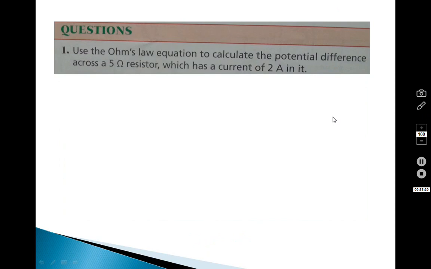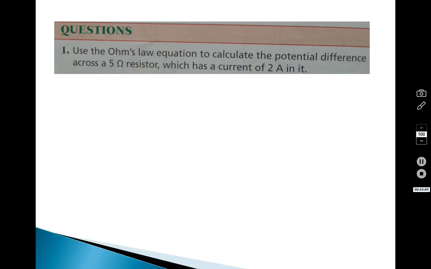Now we will move to another question on the same base, in your textbook. Question number 1: use the Ohm's law equation to calculate the potential difference, which is the voltage V, across a 5 ohm resistor which has a current of 2 ampere in it.